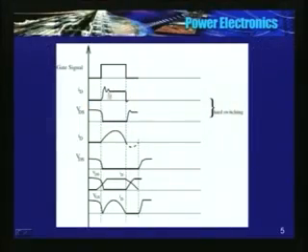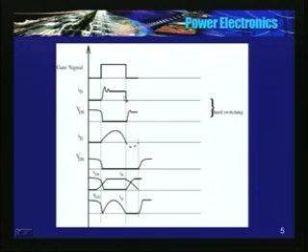Second, the peak current is higher. See, I'll show you here. After all, power transferred is a product of V and I. Current remains approximately constant here, whereas here it starts from 0 and slowly rises, and it is a sinusoid.